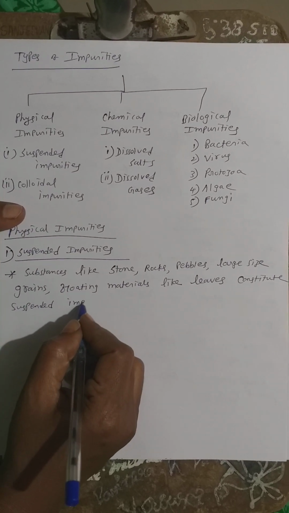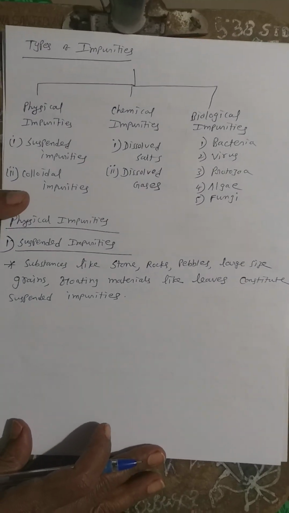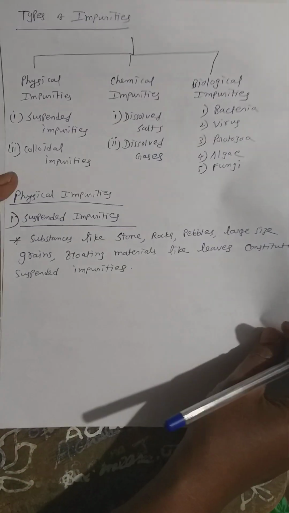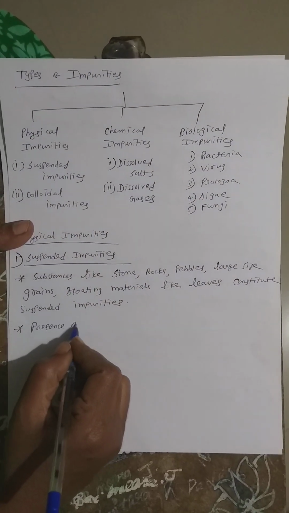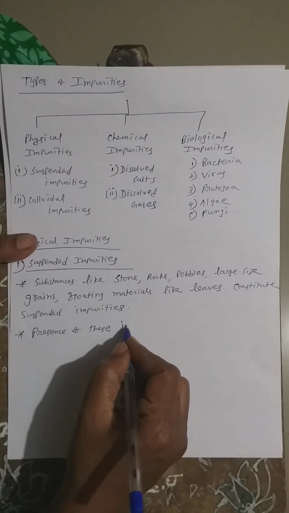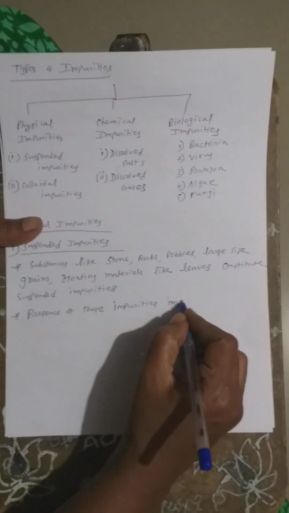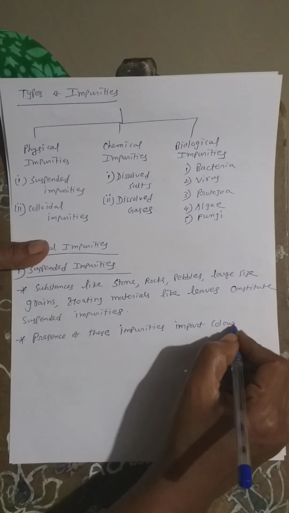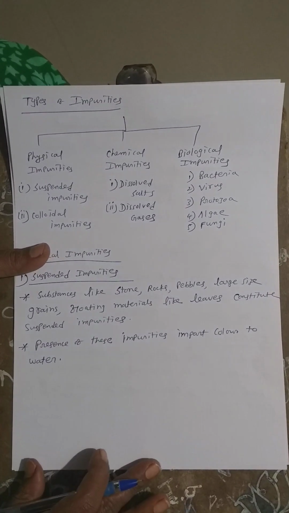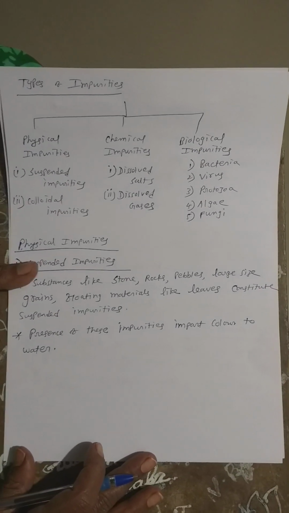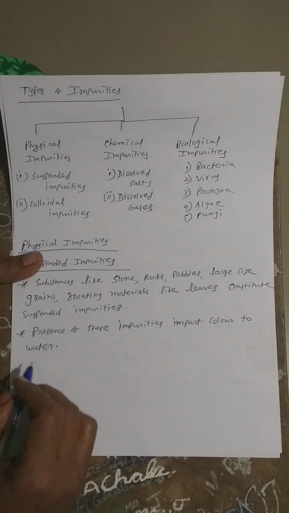So all these impurities in water, if time is given, it all gets settled down. It forms sediments. So therefore it is called suspended impurities. Presence of these impurities impart color to water. That is the impact it creates in water. Pure form of water must be colorless, but presence of these suspended impurities imparts color to water.